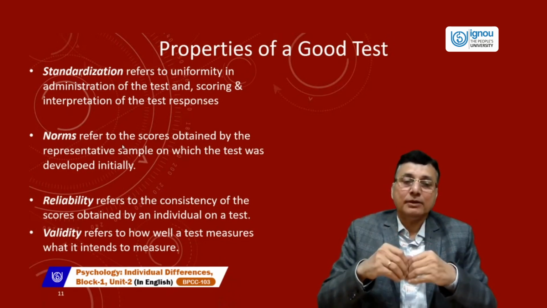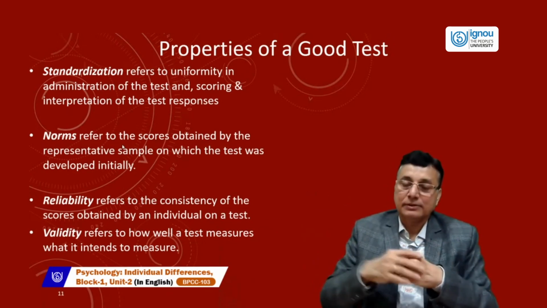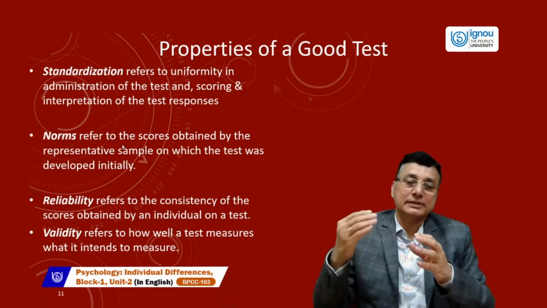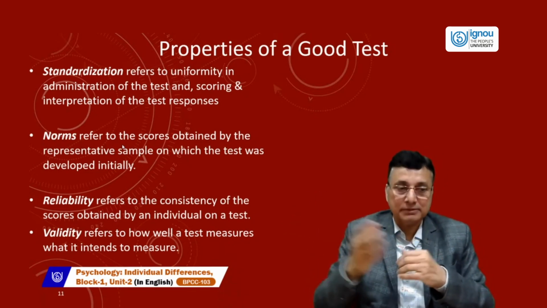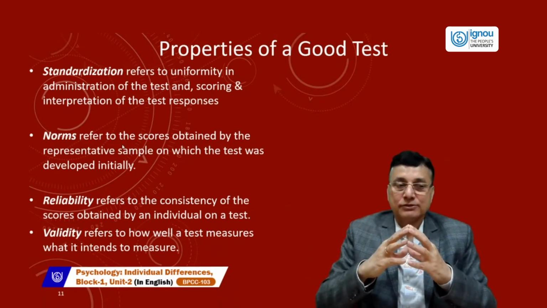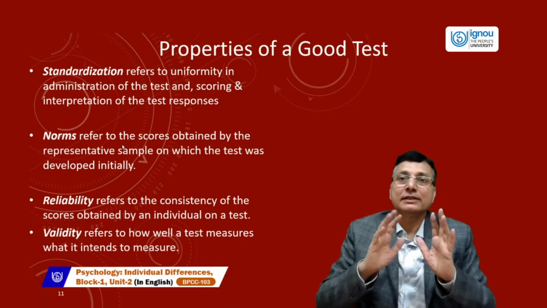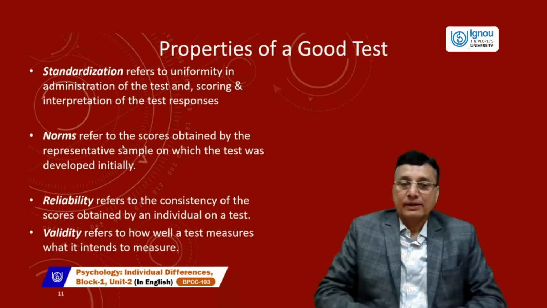Or if another psychologist uses it on the same person after some time, all should give the same result. If the results are more or less the same, it means the test is reliable.